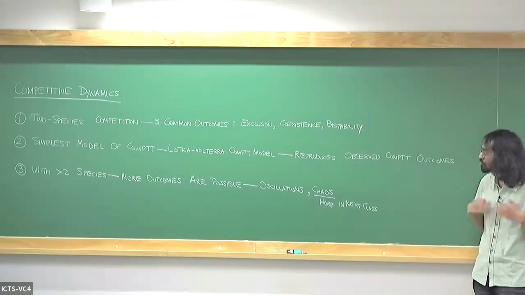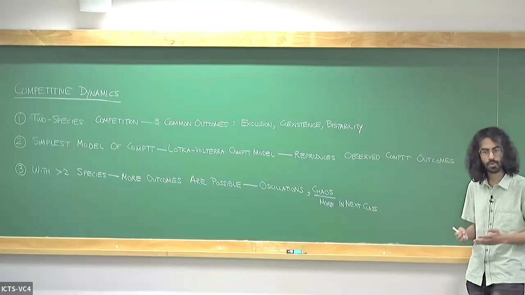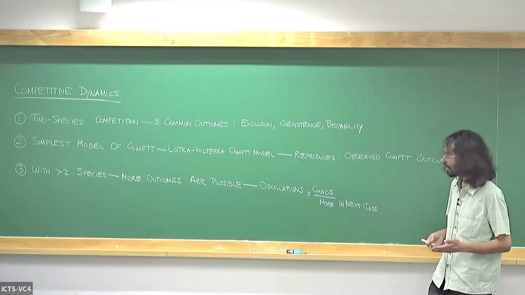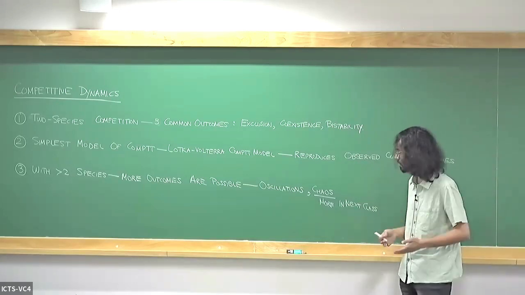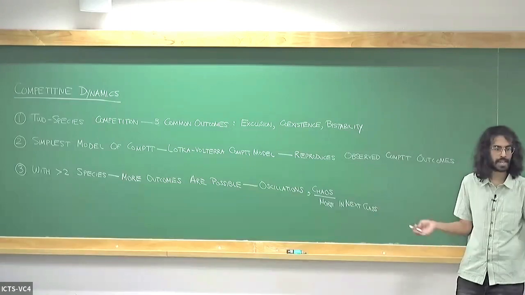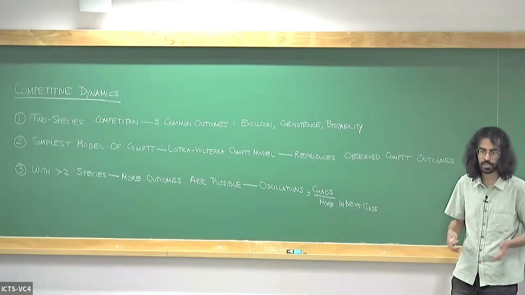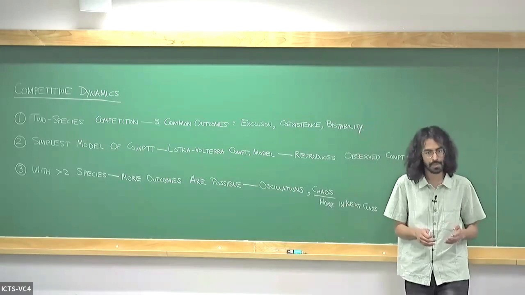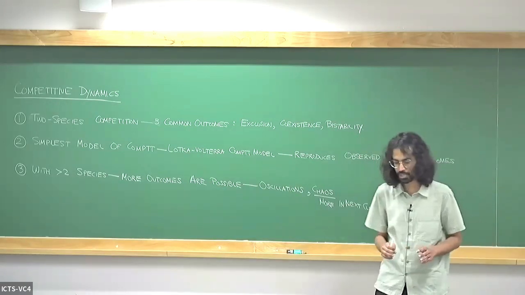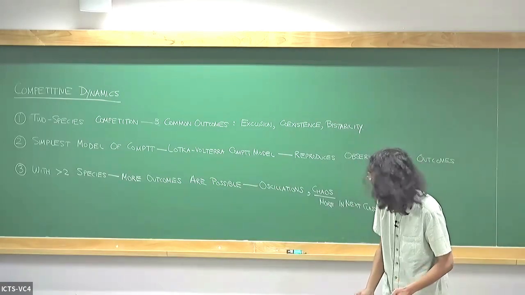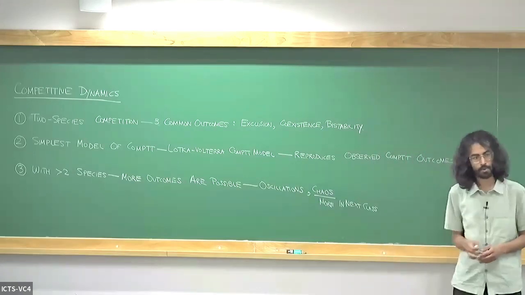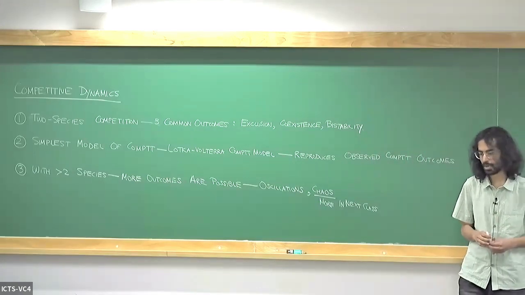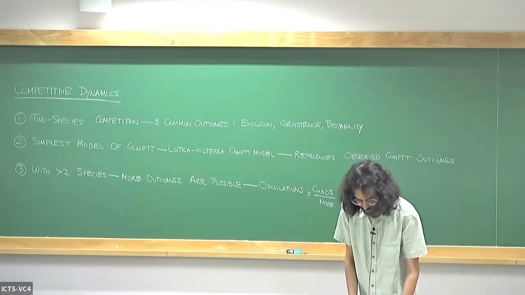But there are generalized versions of this model once you allow for more than two species, which allow more outcomes. For instance, they allow oscillatory things, chaotic things, which are not necessarily stable states of this type. That we won't talk about so much in today's class, but they'll become more important in our last class of this module.